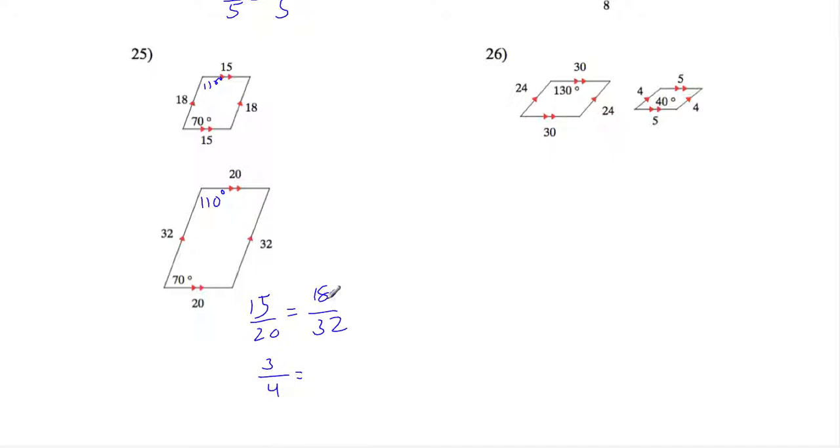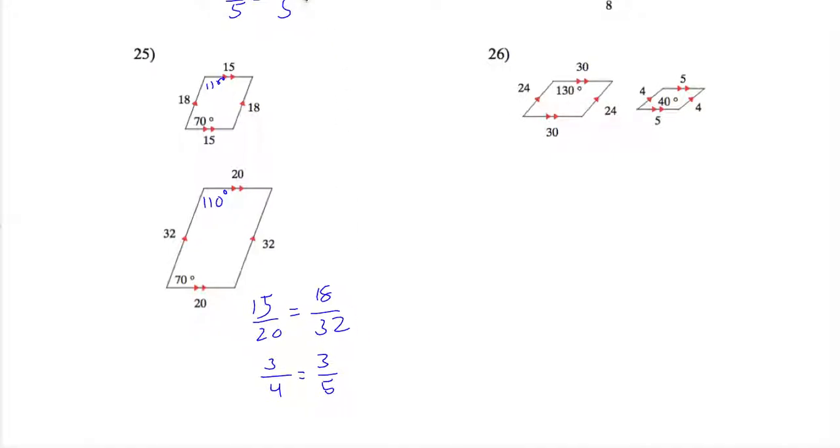And then 18 to 32, I can only reduce by 2, so 9 over 16. And unfortunately, these are not the same. So again, no, these are not similar.